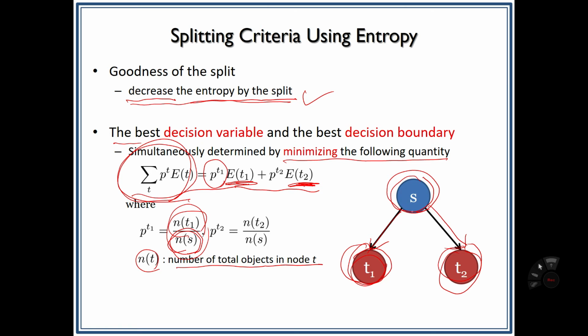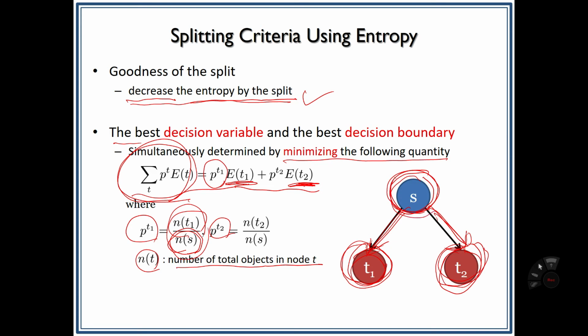The meaning of splitting a node into two child nodes is that we split the observed data points of node S into two data sets. The split means a split of data. So this is the proportion of data points at T1 and this is the proportion of data points at T2.